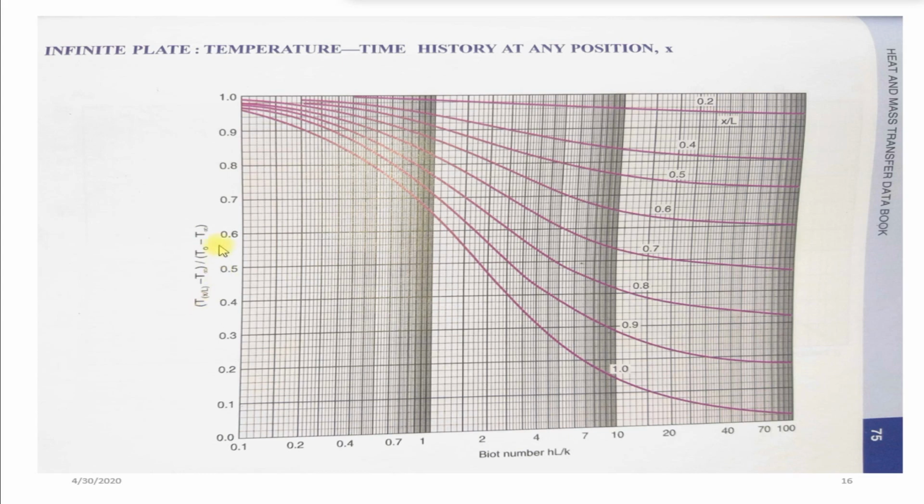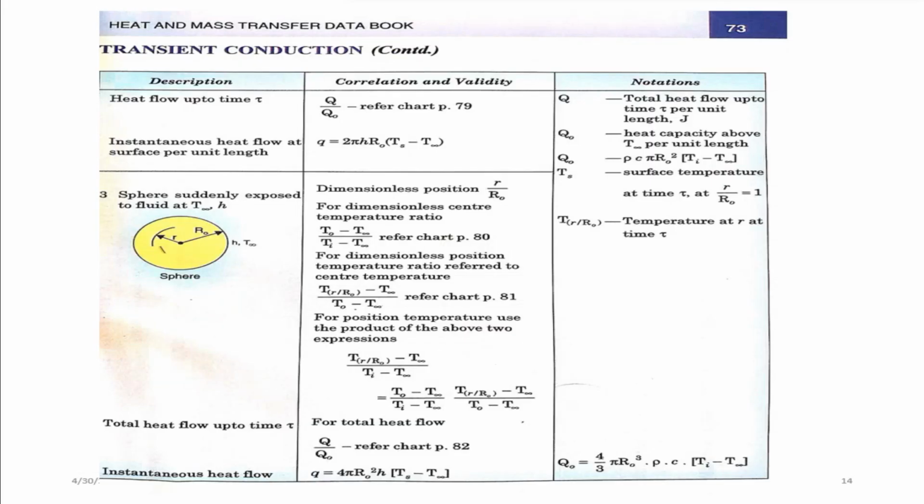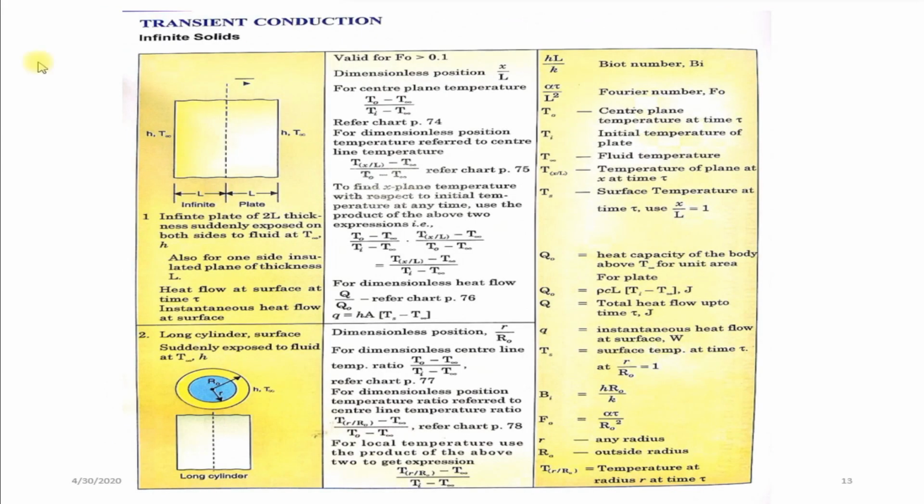Okay, all these notations are there in your data handbook. If you observe here, all the values are there. You have to go through it once, then you will get the idea. What is T naught, what is Ti? All the parameters are mentioned here. T naught is the central plane temperature, Ti is the initial temperature, T infinity is the fluid temperature, and T x by L is the temperature of the plane at any x at a time t.